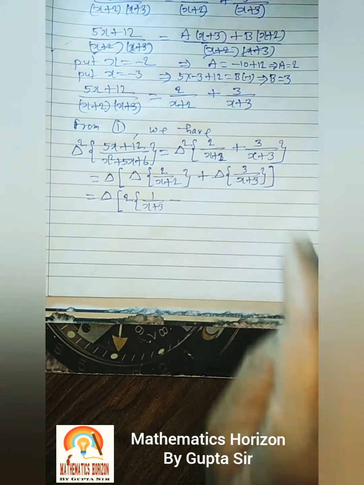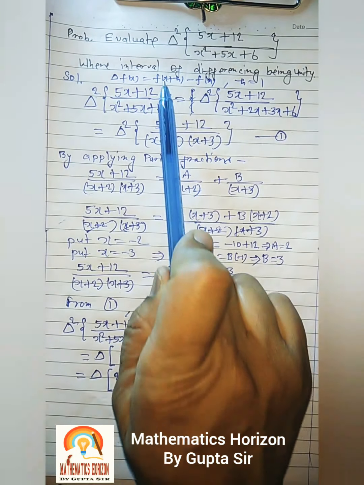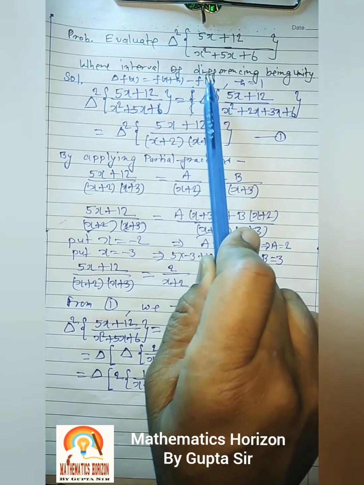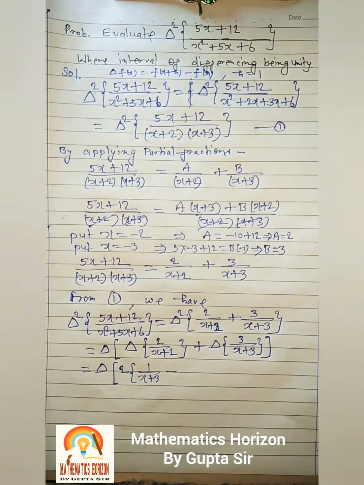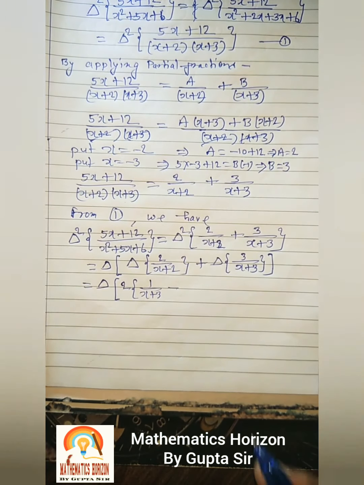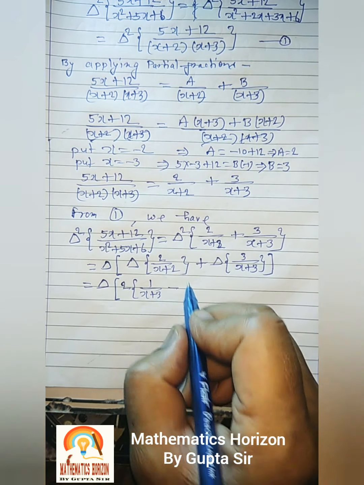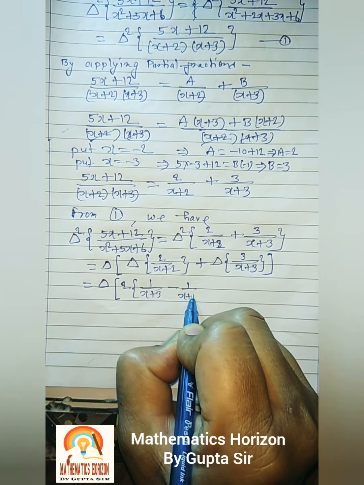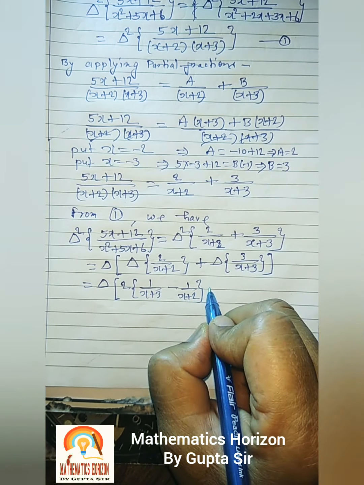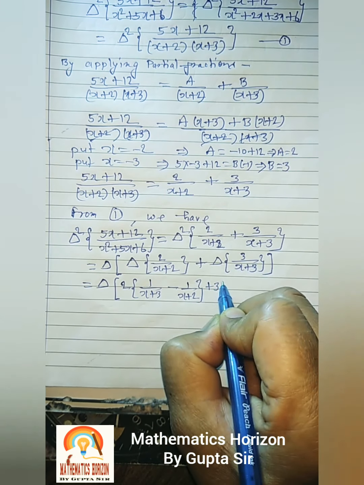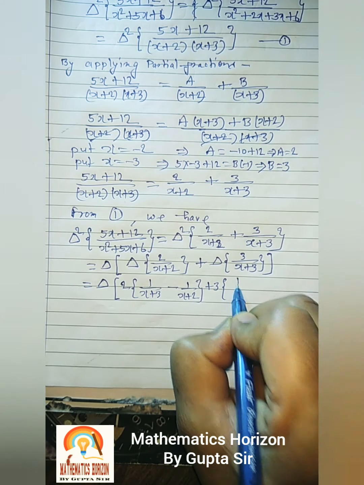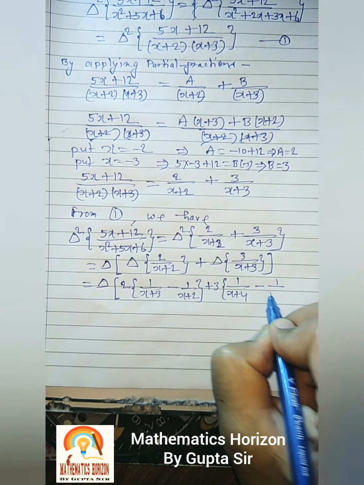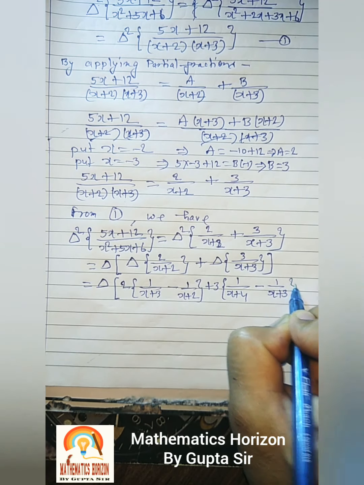By using this formula del fx is equal to f of x plus h minus fx, where h equal to 1, f of x plus 1 minus fx, we put x equal to x plus 1. We have here 1 upon x plus 3 minus 1 upon x plus 2, plus 3 times 1 upon x plus 4 minus 1 upon x plus 3.